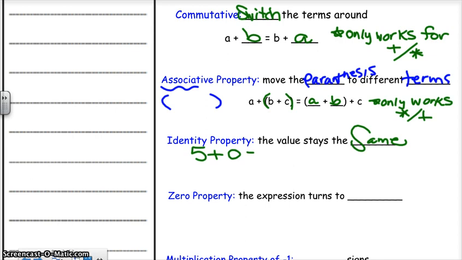So 5 plus 0 is equal to 5. That's identity. If I had 3/5 and I wanted 3/5 to stay the same and I wanted to multiply it by something, what would I multiply 3/5 by? 1. So anytime you see adding 0 or multiplying by 1, it's an identity property. It's staying the same.